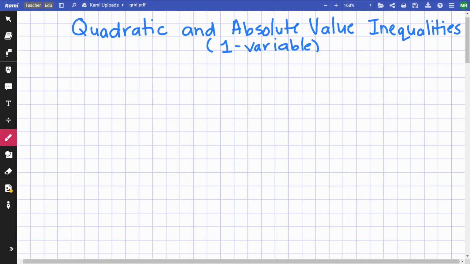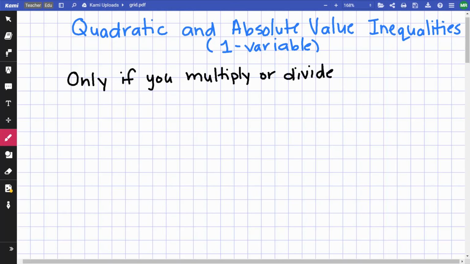Okay. So only if you multiply or divide by a negative will you switch the direction of your inequality.